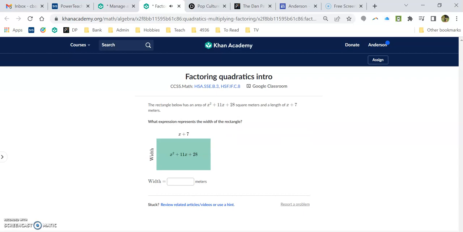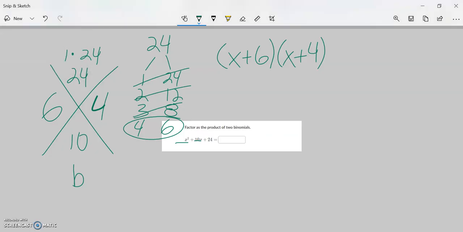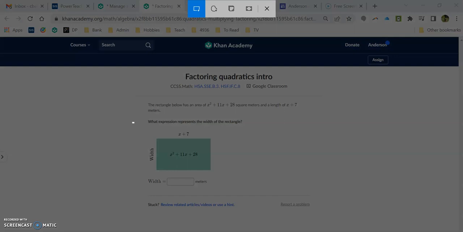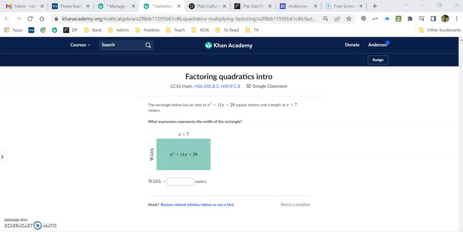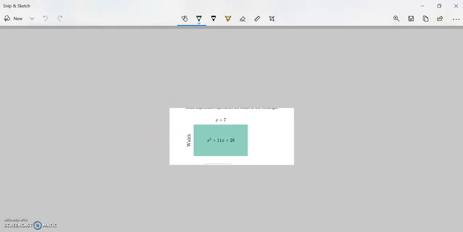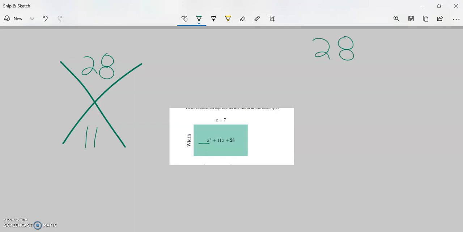And one more. Okay, big X. Our A value, once again, is 1. Our C is 28, so that's 1 times 28, and our B is 11. Our nice big factor tree I'll do over here: 1 times 28, 2 times 14. 3 is a decimal. 4 times 7.